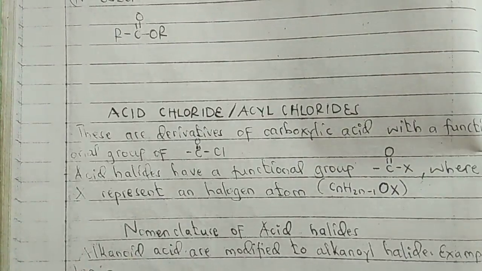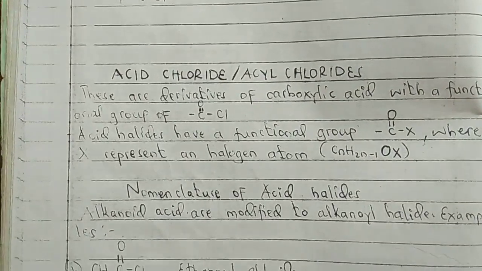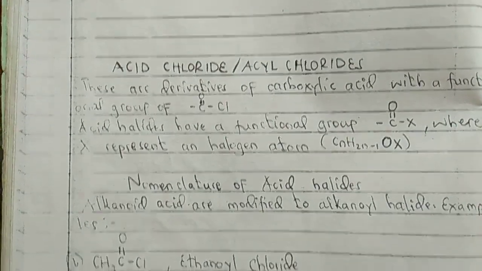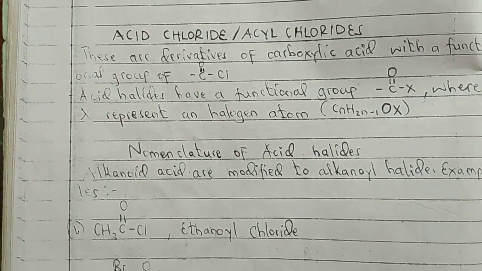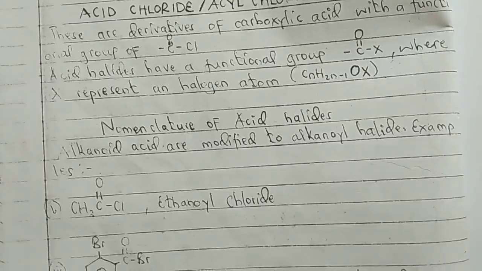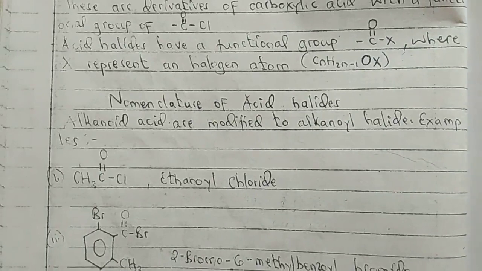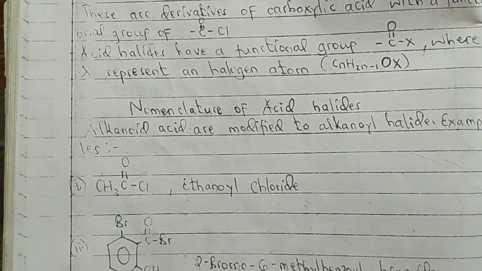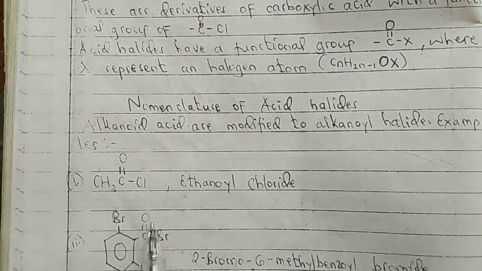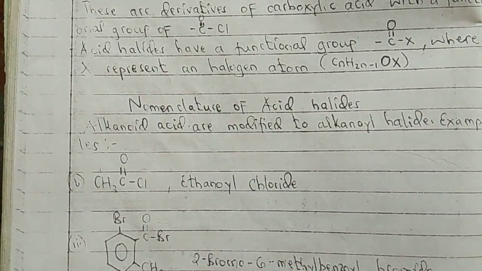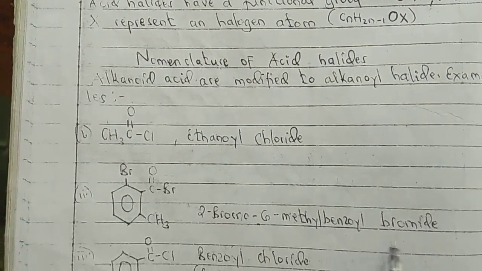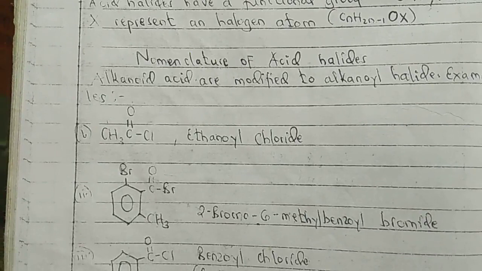Nomenclature ya hawa acid halide. Kwa mfano hapa anaitwa ethanoyl chloride. Unaweza kuona jinsi ambavyo tunaname hii group, ethanoyl. Eth ni kwa sababu ya carbon mbili. Kwa mfano hiyo hapa ni bromo, then 2-bromo-6-methyl benzoyl bromide.